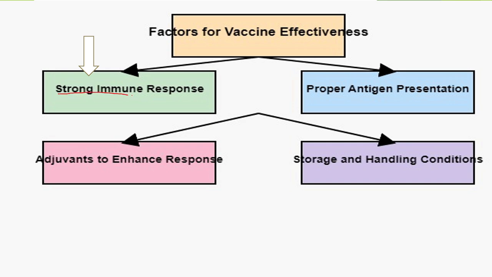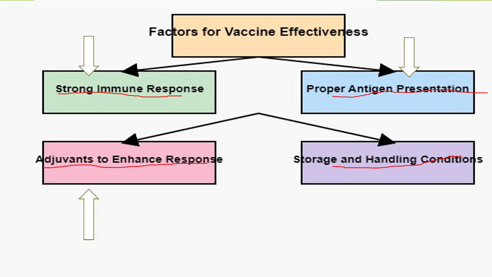So this is all about a strong immune response. Then we have proper antigen presentation, where the antigen should be well presented. Then adjuvants to enhance immune response, and then storage and handling conditions. It should be well stored for safety and to avoid side effects.